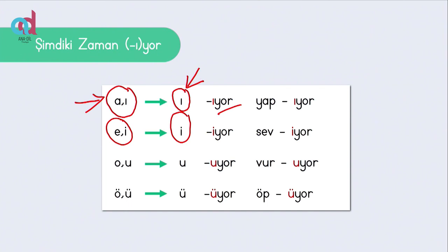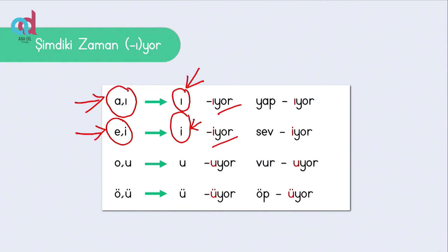If the last syllable of the verb root has a close vowel e, i, then the suffix yor has to start with i, which is also another close vowel.